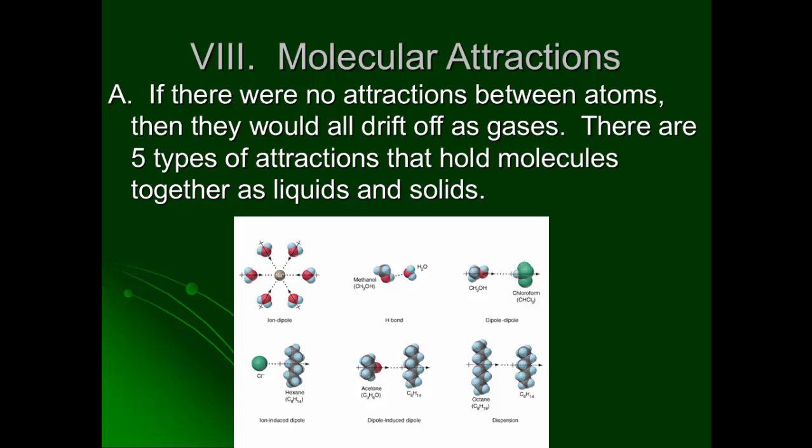In this case, we have Cl- and hexane. Hexane's nonpolar. You have your Cl-, which is negatively charged, and so that's going to cause the electrons in this hexane to move slightly away from the chlorine. It'll move, in this case, to the right side of the picture to get away from the negative charge, because negative charges repel. And electrons are negatively charged. This chloride ion is also negatively charged.